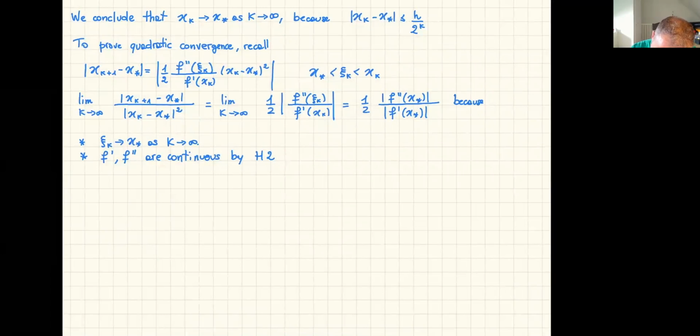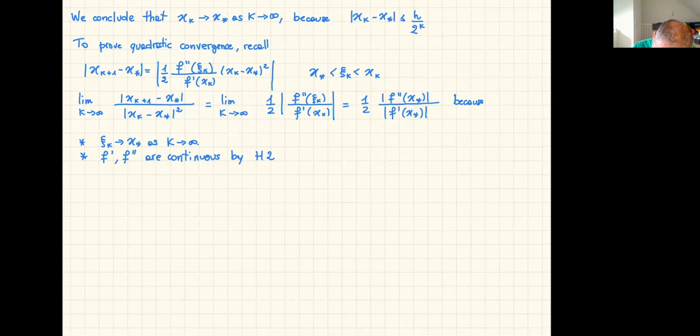Now, once this statement is true, we can conclude that there is a finite limit to this sequence, and so the convergence is at least quadratic, and in particular it's quadratic if f double prime is non-zero.